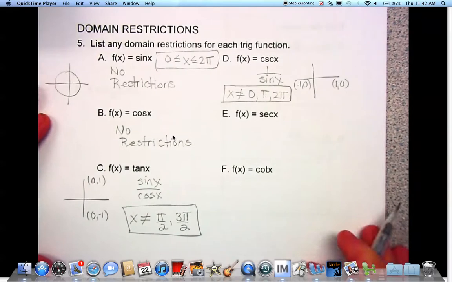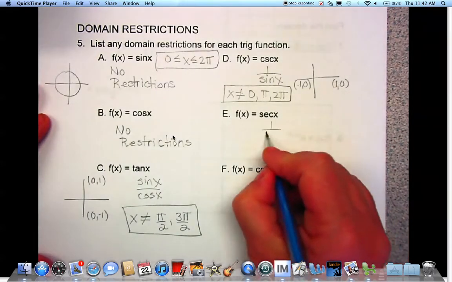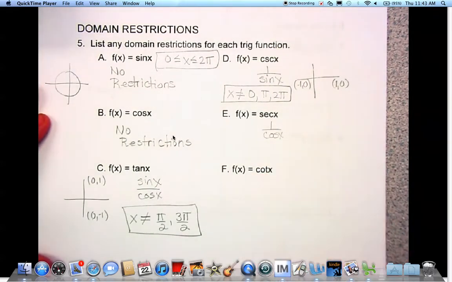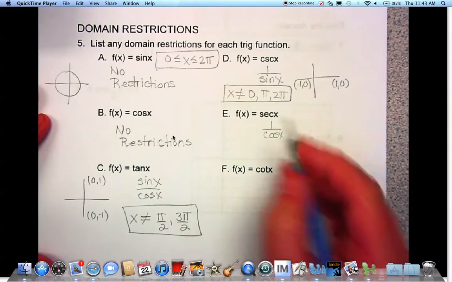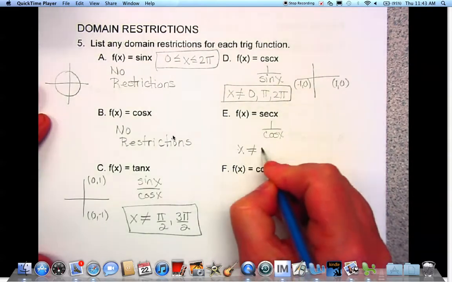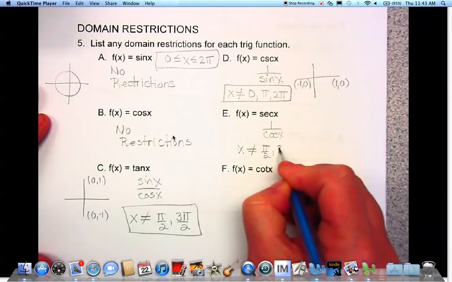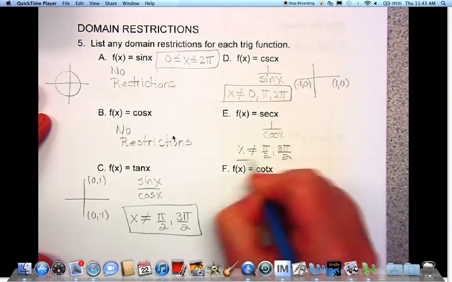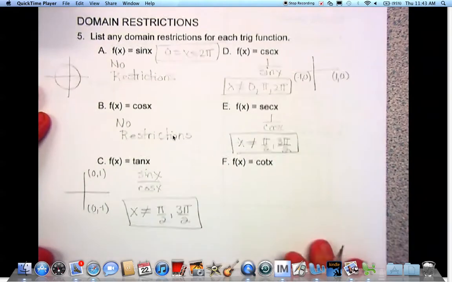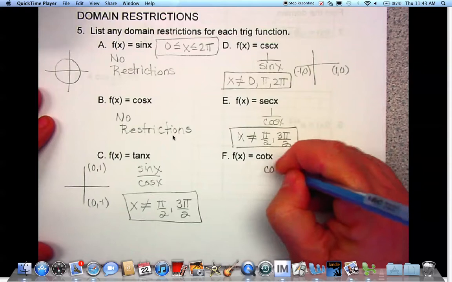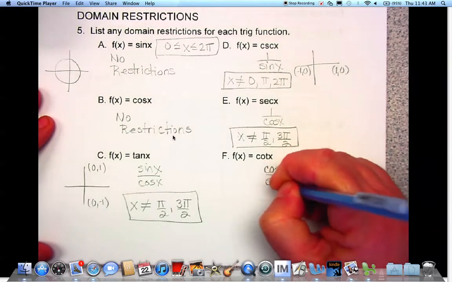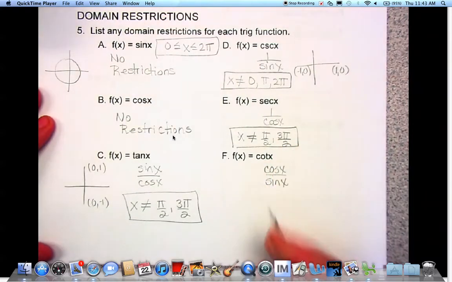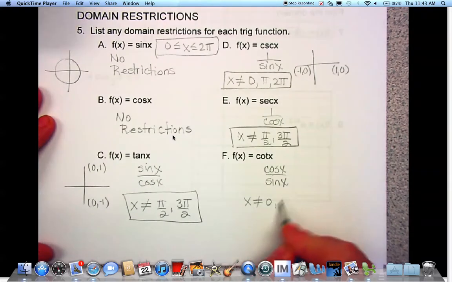Okay, for secant, 1 over cosine, cosine can't be 0. And we said cosine is 0 at pi over 2 and 3 pi over 2. And then cotangent, cosine over sine, so sine can't be 0. x cannot equal 0, pi, or 2 pi.